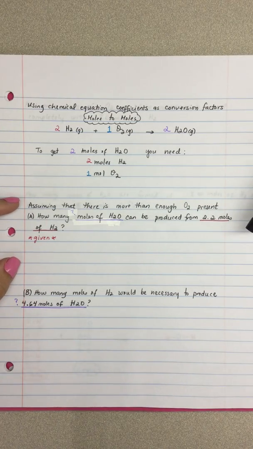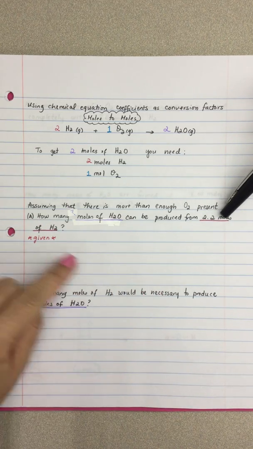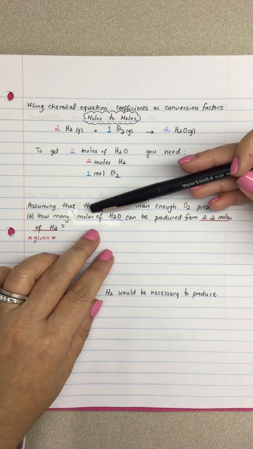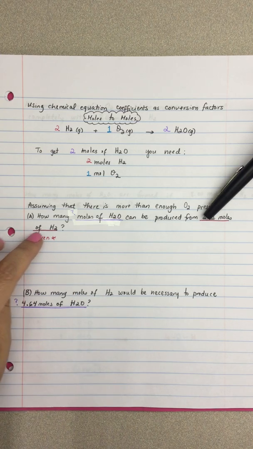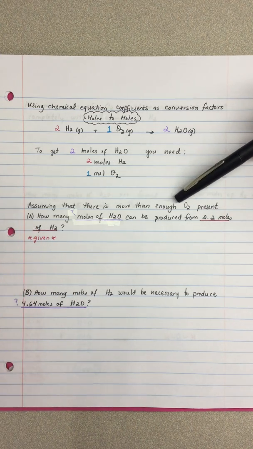So I have one example here. You have 2.2 moles of hydrogen, and you're trying to find out how many moles of water you can get with that specific amount of moles of hydrogen. The problem is telling you that you have enough oxygen.